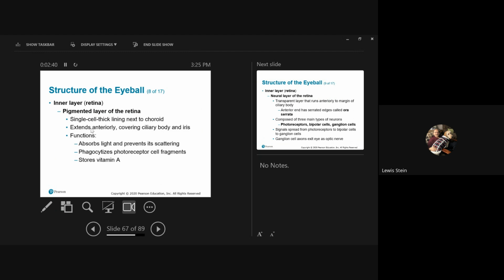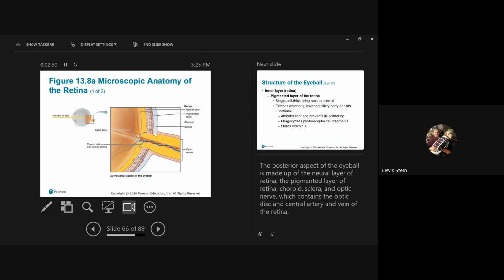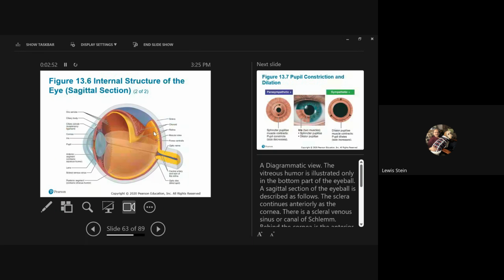As you can see, a single cell thick lining next to the choroid, that vascular layer, extends anteriorly all the way to the ciliary body. You might recall that here is the extension. You can see where the retina, they're trying to give it to you diagrammatically. Remember that serrated edge?